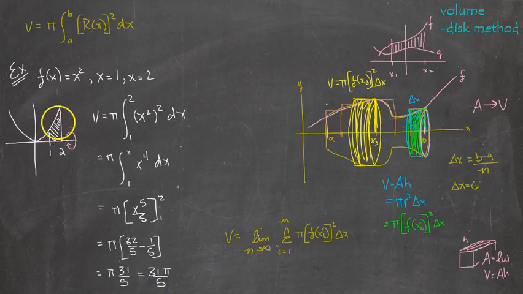So the volume of the shape produced by rotating that area around the x-axis is 31 pi over 5.